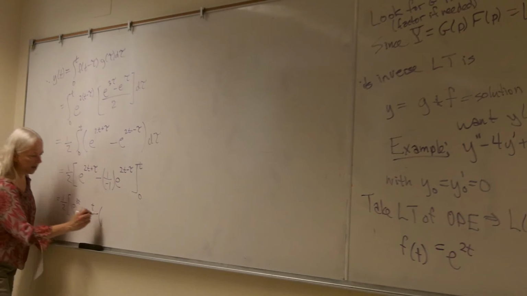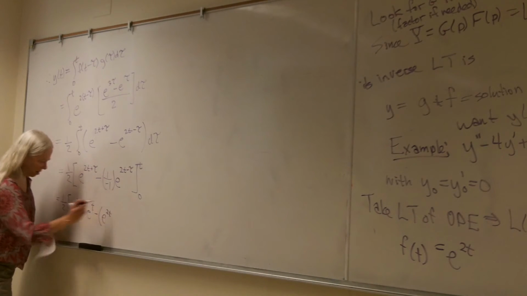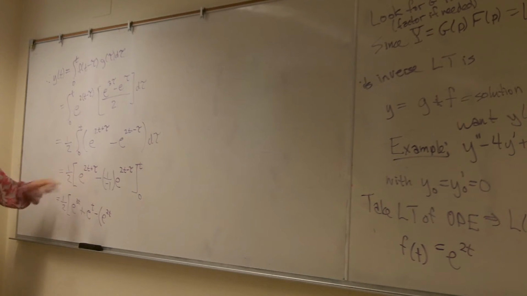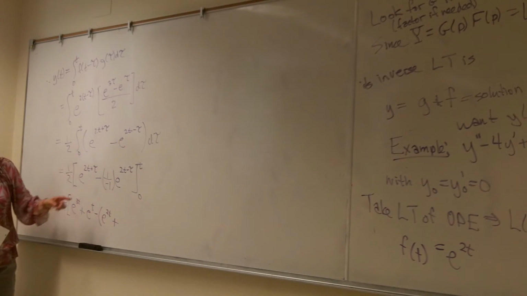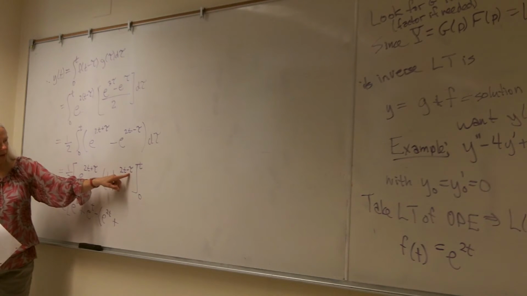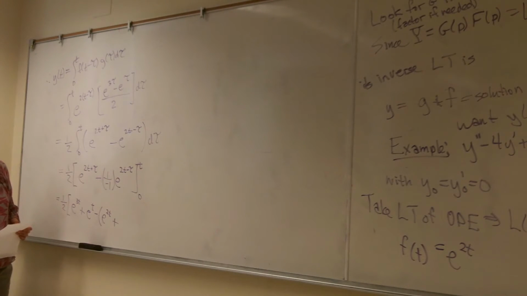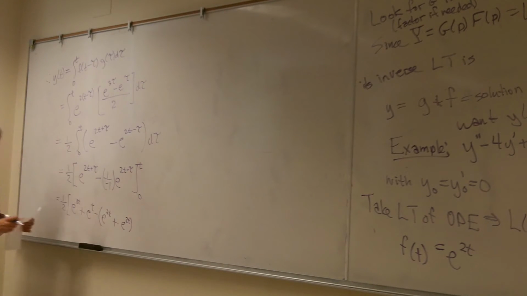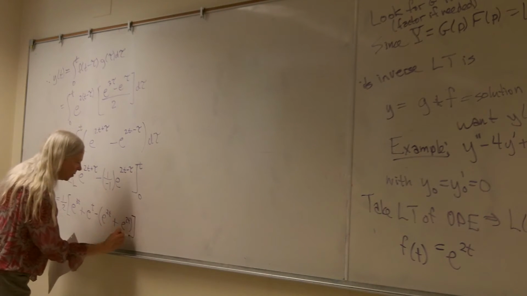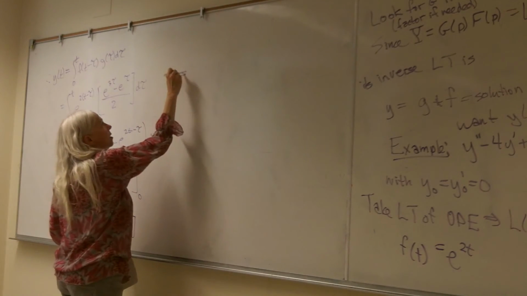So we have an e to the 2t from this one when we plug in tau equals 0, plus, because again those signs cancel, when we plug in tau equals 0 here, we have e to the 2t also, it looks like. I just wonder if I did something around here, but, oh no, that's okay. That's right. So anyway, we're almost done.